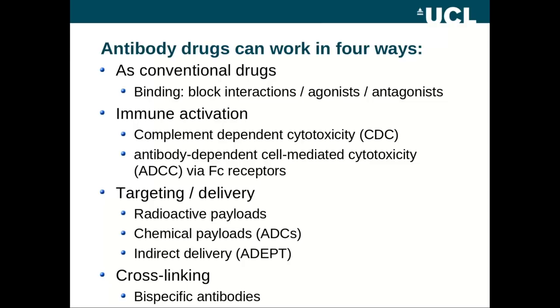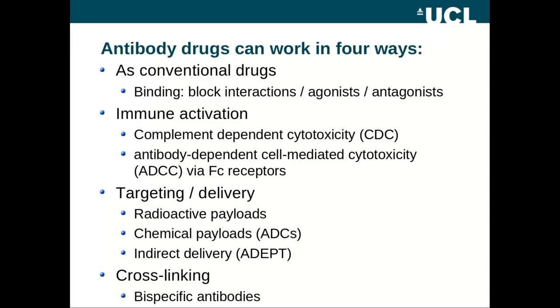If the target to which a drug is binding is a receptor, then just as with small molecule drugs, they can fall into 2 categories, either agonists, which switch the receptor on, have the same effect as the normal ligand binding, or antagonists, which prevent the receptor from being switched on. The second way in which antibodies can work is to trigger the rest of the immune system to do something.